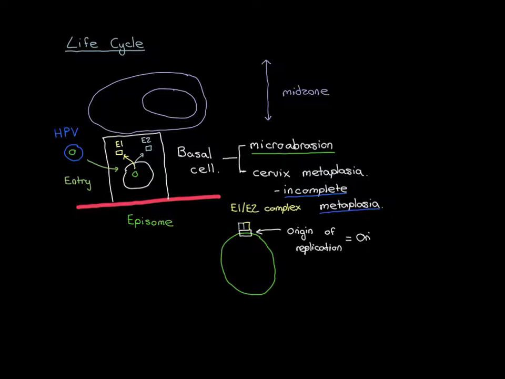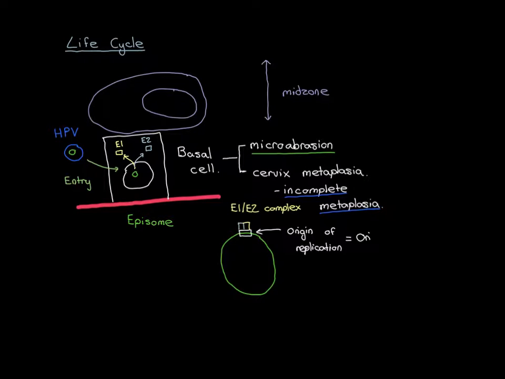Okay, now, when the basal cell divides into two cells, one which will move up into the mid-zone and one which remains in the basal cell layer, the viral genome can also be copied. The DNA polymerase, once it's activated, can bind to the E1, E2 complex and replicate the viral genome, and you'll have two copies of this episome now.